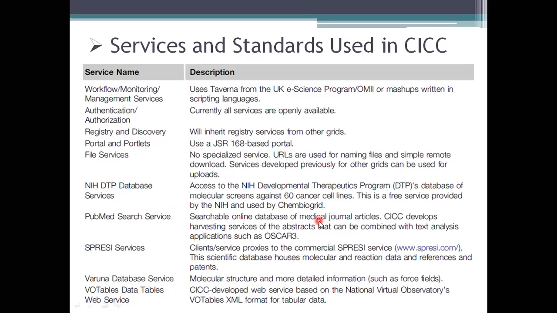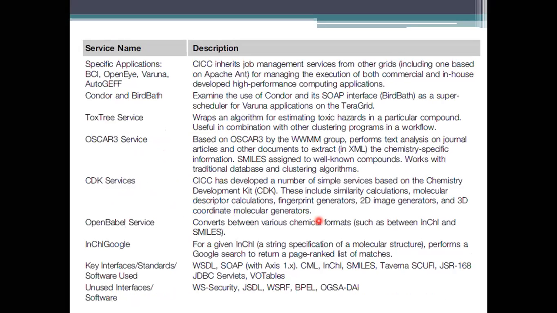What you wish to process, or what you are taking to be done here, will decide these things. So if you want some conversions to be done, then we need to take the Open Babel service. What it is doing is making things available in many formats.